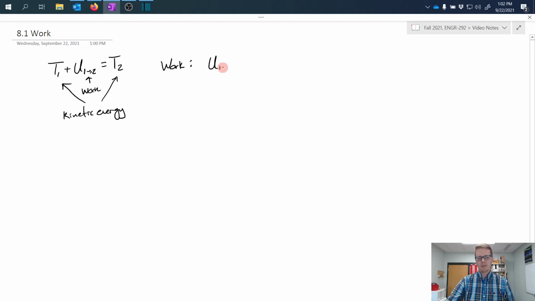So we often can think of work in a couple of different terms, but from a mathematical standpoint, I'm going to say that work is equal to the integral of some force applied over some distance, and we're integrating over this change in position from P1 to P2.